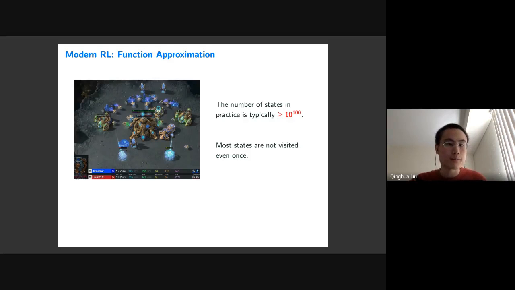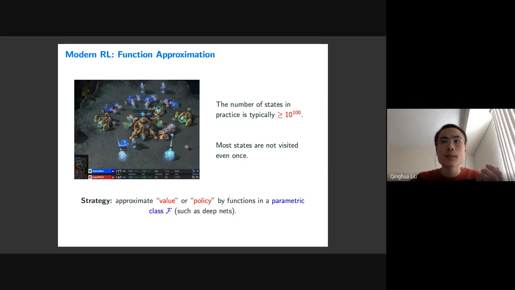However, in practice, this is not the case. For example, in this StarCraft game, if you count the number of different states, it will be like 10 to the hundreds. So you can never expect to visit all of these states repeatedly. And in fact, most of the states will not be visited even once throughout the entire training process.